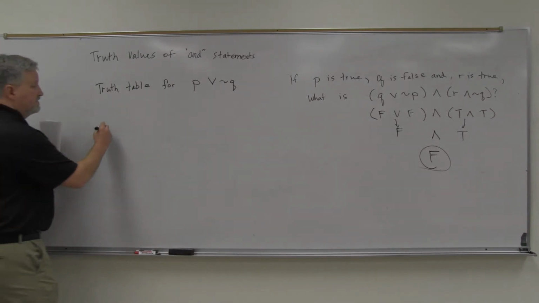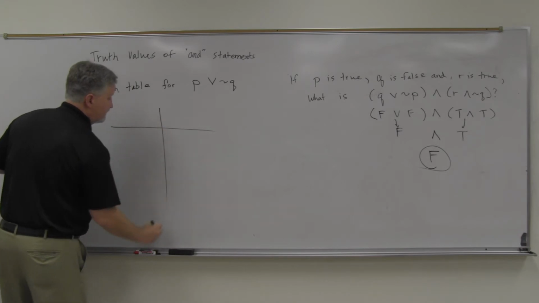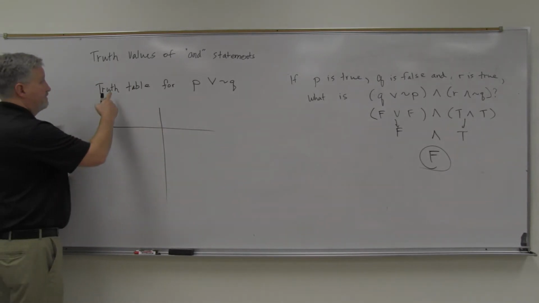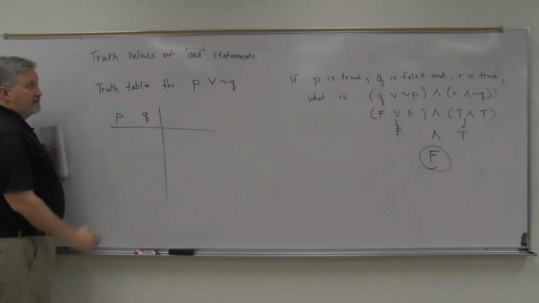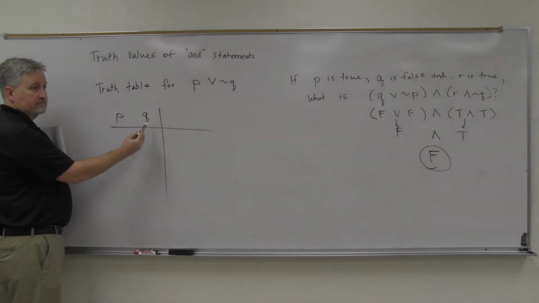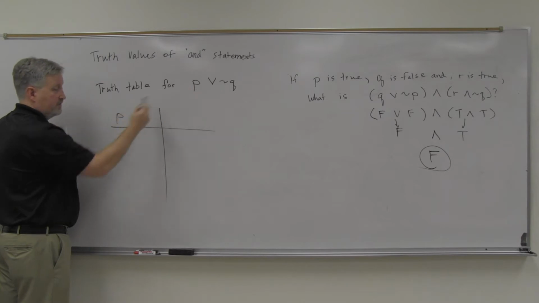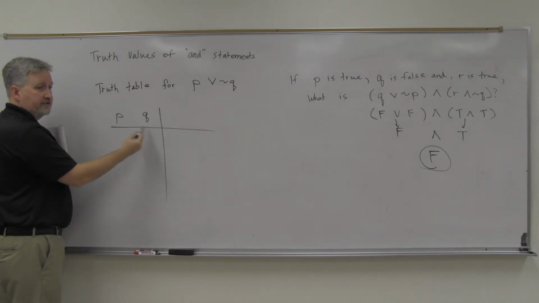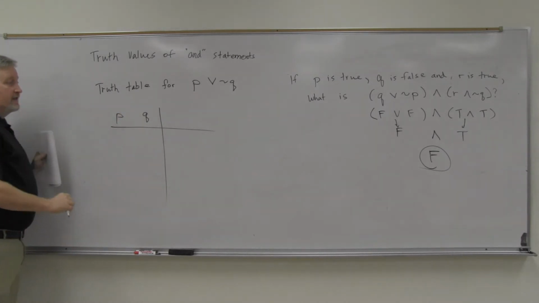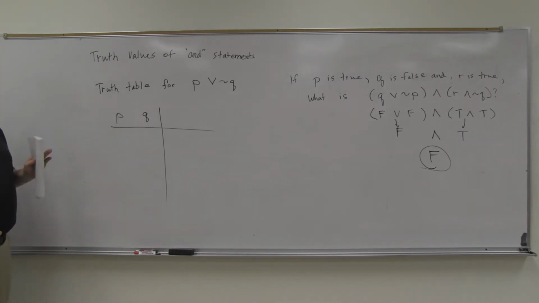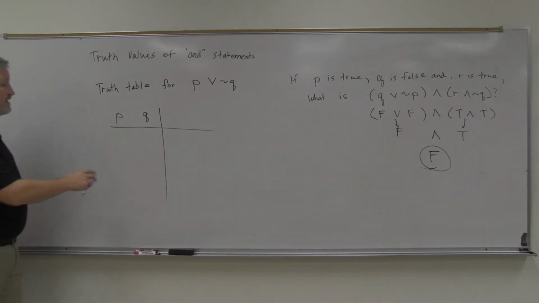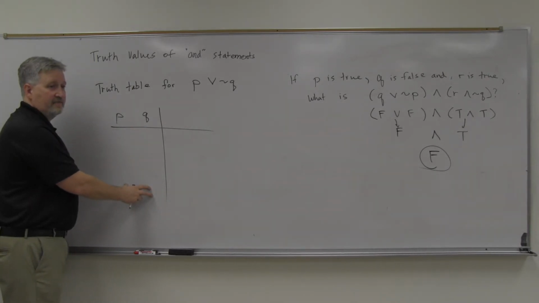So that's the same setup for any truth table. I'm going to put the P's and the Q's here. Now notice I put PQ, even though it has not Q there, I still do PQ. They want PQ here. The rest of this side is exactly the same look as we had on the other. I didn't compare the two, but if you go back and look, this side is the same no matter what.